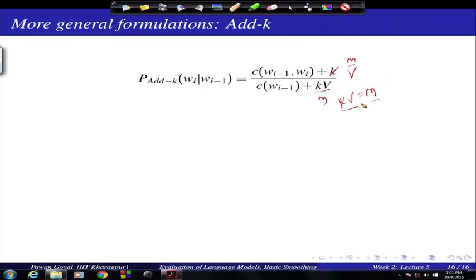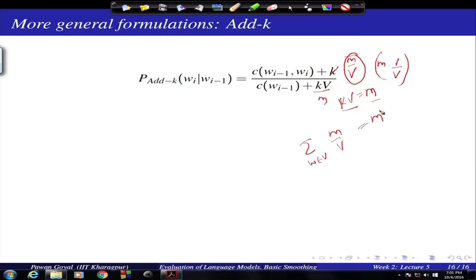Here I am adding m by V to each word. Effectively I am adding m times 1 by V to all the V words in my vocabulary, and if you add up m by V for all the words in my vocabulary, you get m.